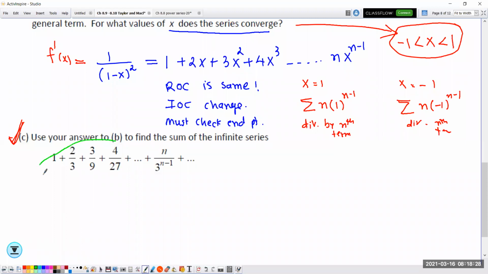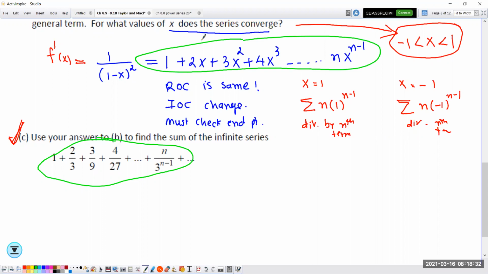I want you to compare this and tell me what's the value of x. Come on guys, compare. That's it, x is 1/3.